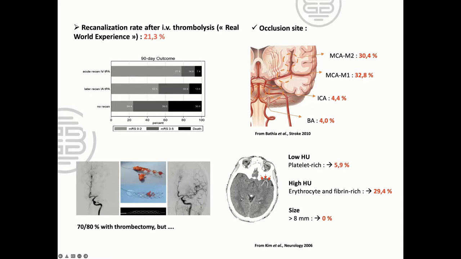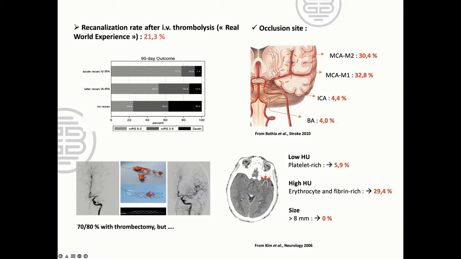It is also important to know that the efficacy of recanalization by TPA depends on the site of occlusion. And we have an efficacy of around 30% when the clot is located in the middle cerebral artery, M1 and M2 segments. But when the clot is located in the basilar artery, the efficacy of recanalization is very low.